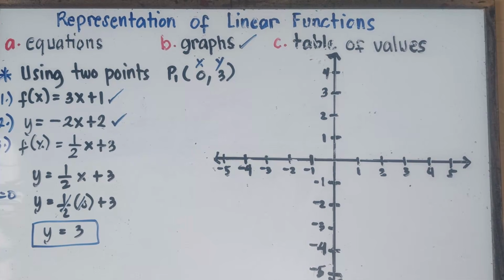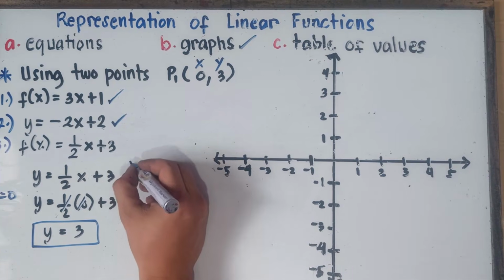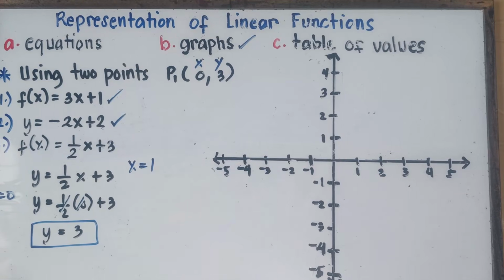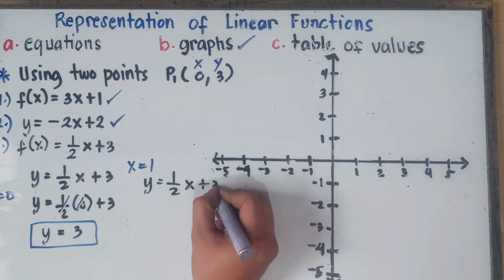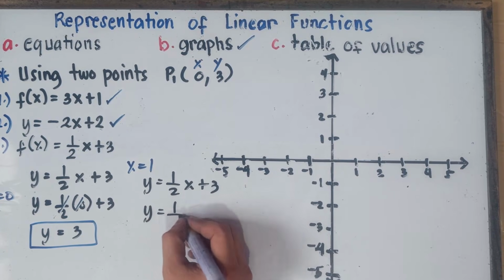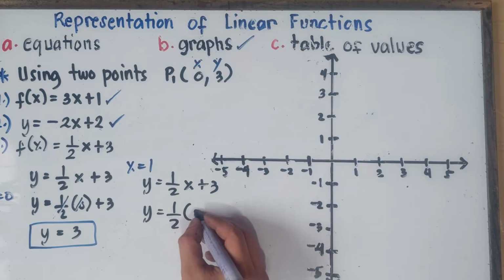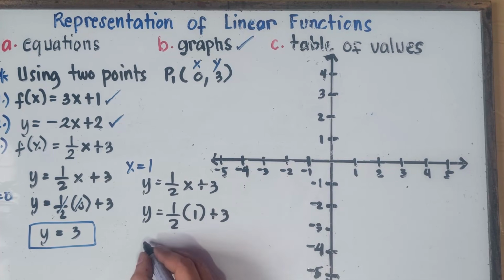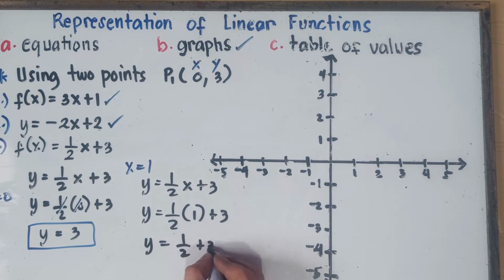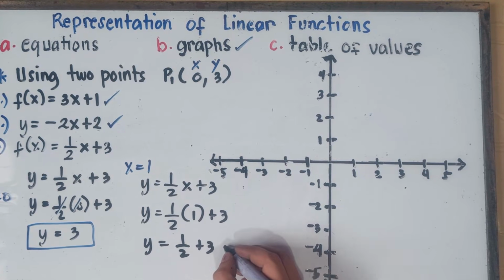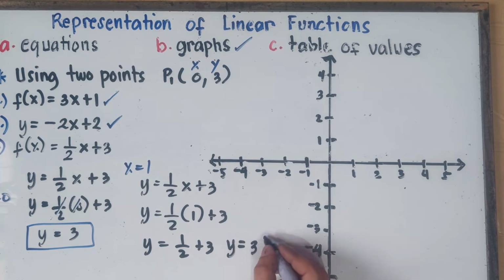Once again, we choose an easy number for x. So let's have x equals positive 1. So this will be y equals 1/2 x plus 3. So y equals 1/2 times the value of x, that would be 1, plus 3. So y equals 1/2 times 1, that would be 1/2, plus 3. Therefore, y equals 3 and 1/2.